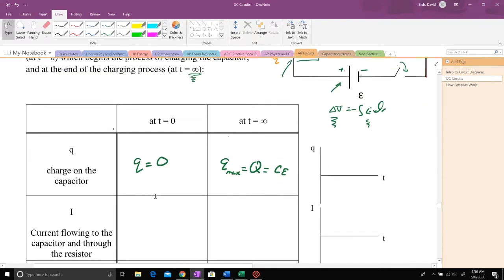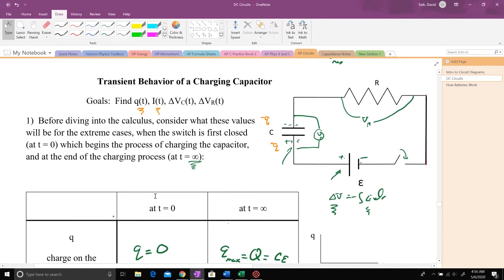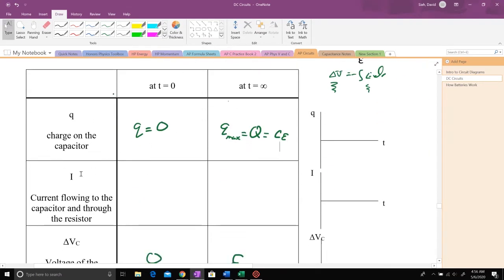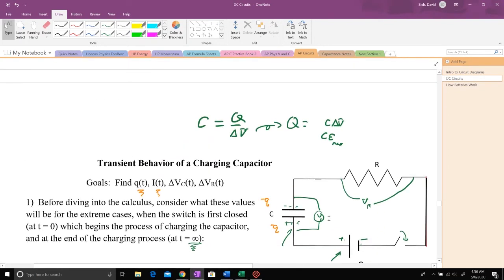What about the current flowing then? Well, the way I find the current goes like this. At the first instant, at time 0, what's the current going to be that flows to the capacitor? Well, that's what flows through the resistor, isn't it? And so here's the way to think about that.